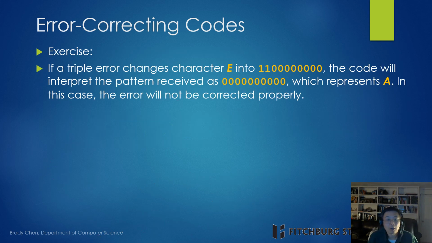So we just talked about this case. Now, if a triple error changed the character E into 1100000000, so the received bit pattern is this, but the original character was E. So the Hamming distance between E and this is actually 3, which is smaller than the Hamming distance of this bit pattern and A. So we may actually think that the original letter is A, but that's not correct, right?